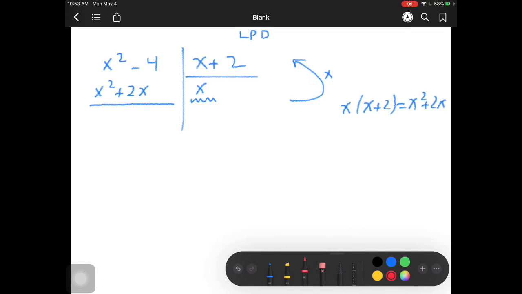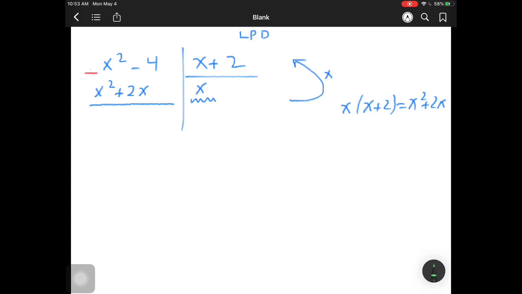Now you want to subtract, and as we said, instead of subtracting, you can add as long as you invert or reverse these signs. So this is x squared minus x squared. This is 0x squared, and watch out that here you do not have the term x, so we assume that it's 0. 0x minus 2x is minus 2x, and you bring this minus 4 down.